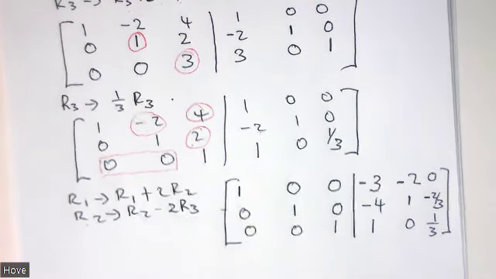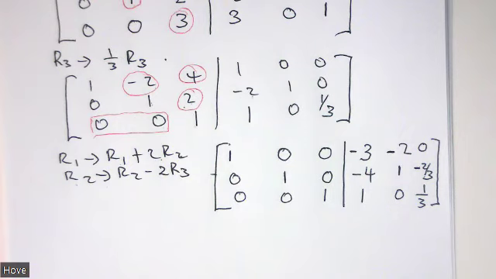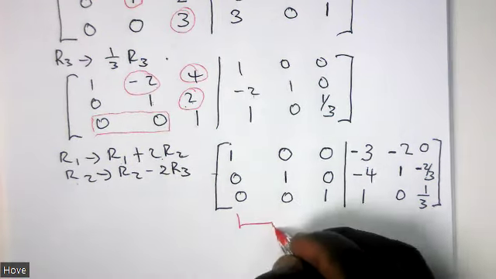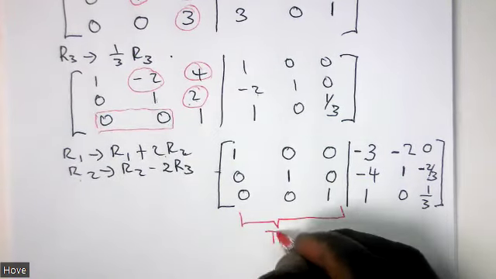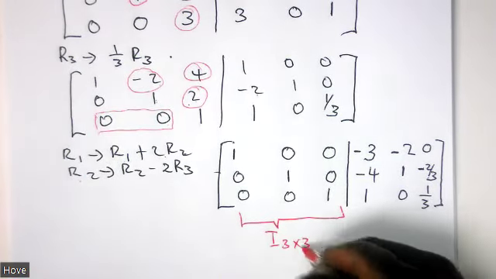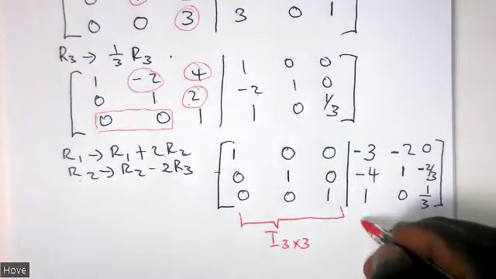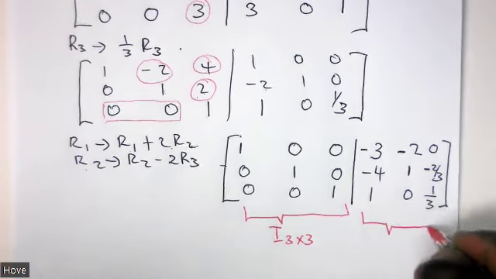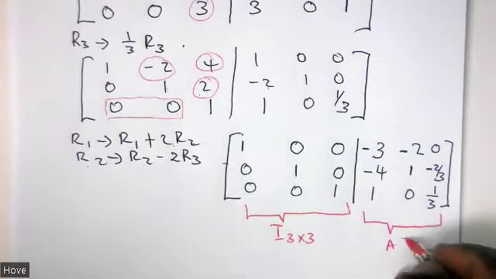So what do we have now? We have a 3 by 3 identity on the left, and what we have on the extreme right is A inverse.